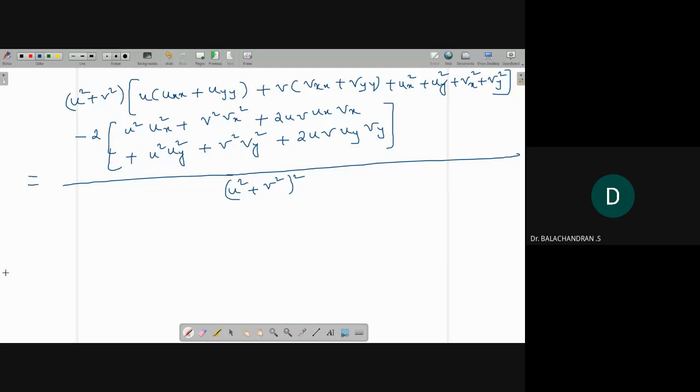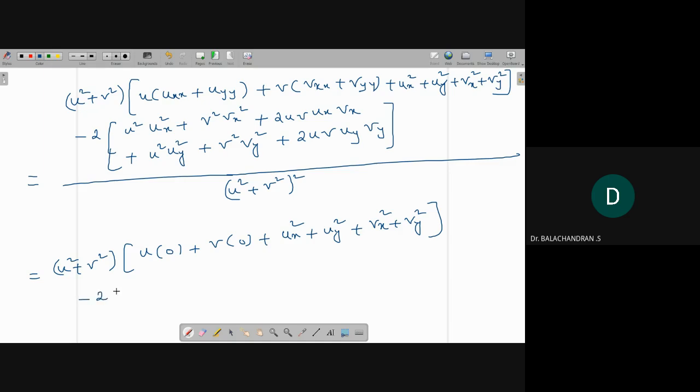Now this is equal to, so we know that this is 0, this is 0, so directly I will write u square plus v square into u into 0 plus v into 0, okay, plus ux square plus uy square plus vx square plus vy square, okay, minus 2 into, we can take common.